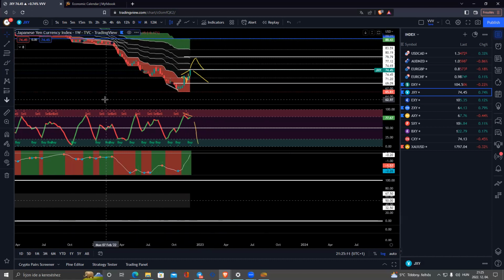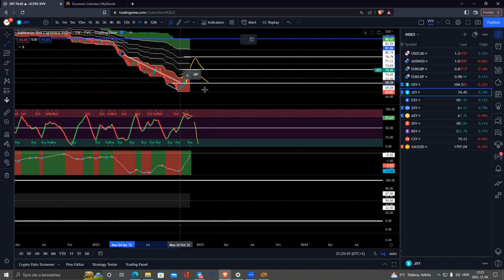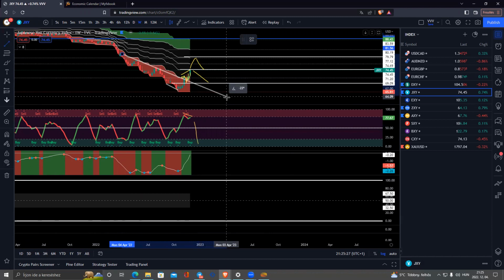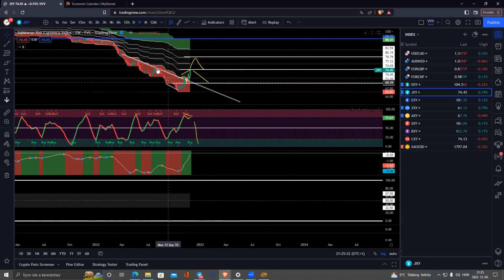Right. And there is a connection point between the two. Oh, beautiful. Breakout, and then back, maybe retest.